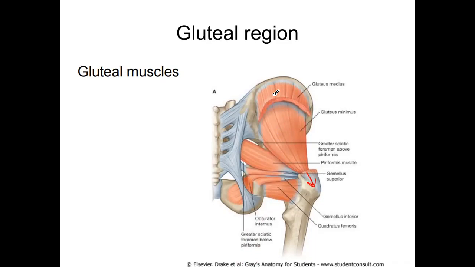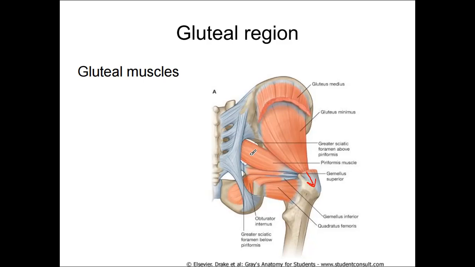Nerve supply to the gluteus medius is the superior gluteal nerve. The gluteus minimus is coming also from the outer surface of the ilium, and also goes on the greater trochanter of the femur. And the nerve supply is the superior gluteal nerve. So these are given by the superior gluteal nerve, the gluteus maximus by the inferior gluteal nerve.